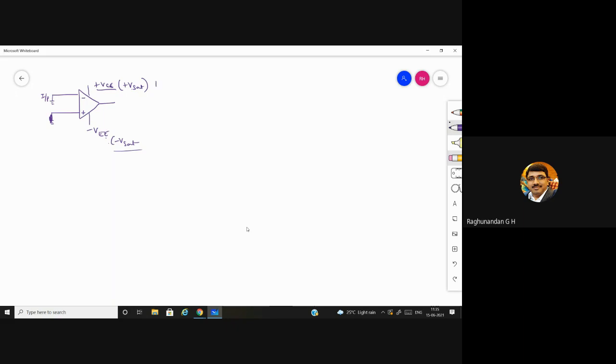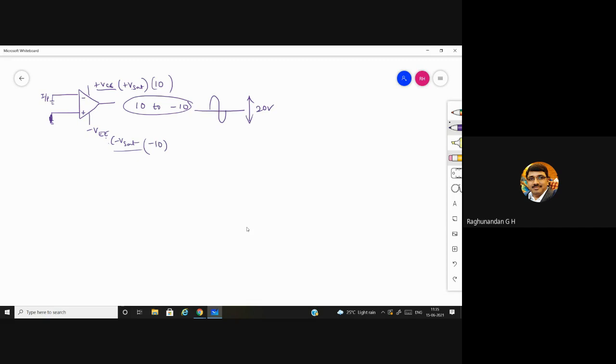If you fix 10 volt here and minus 10 here, then your maximum output can be within the range of 10 to minus 10. That is, your AC signal can be a maximum of 20 volt.